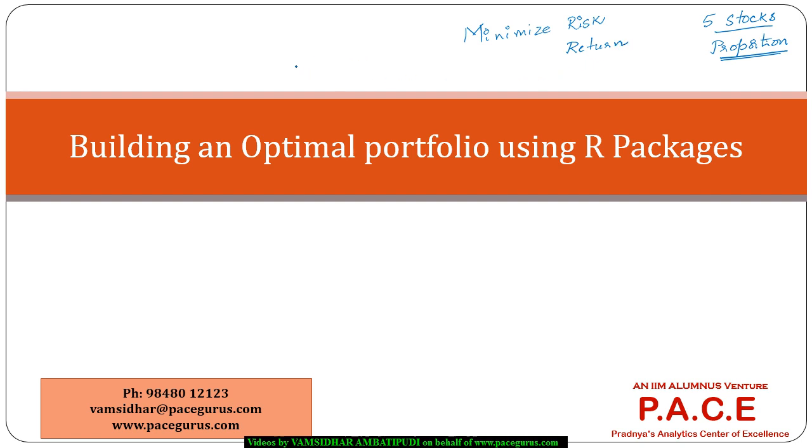So it's more of a security selection process. What securities do I really need to invest in for what kind of return? And how much percentage do I need to invest in each of the securities?